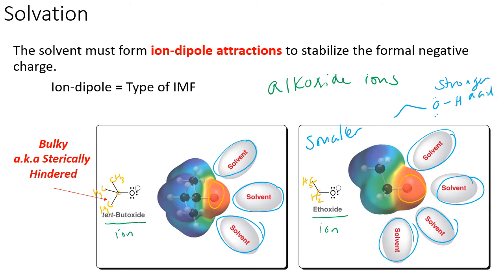So the conjugate base gets more stabilized. And tert-butoxide, we have a tert-butyl group, is less stabilized, and so tert-butanol, when comparing the two, would be the weaker acid.